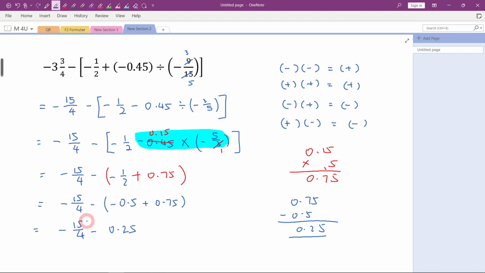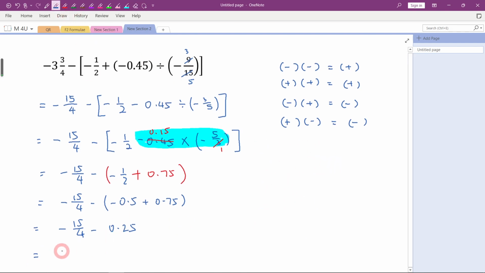If you are using a calculator, you don't have to do so many steps. So I just show you. Let's say if you don't want to use a calculator, this is the way how we can do it. Negative 15 over 4. How to change this to fraction?